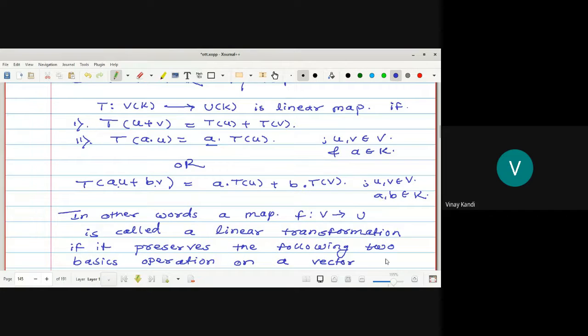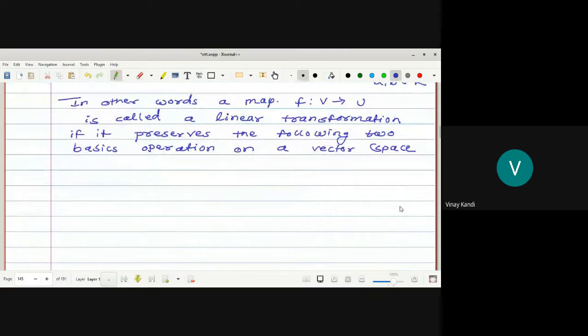Which ones? The first one is vector addition, and the second one is scalar multiplication. Vector addition and scalar multiplication. Any doubt up to here?